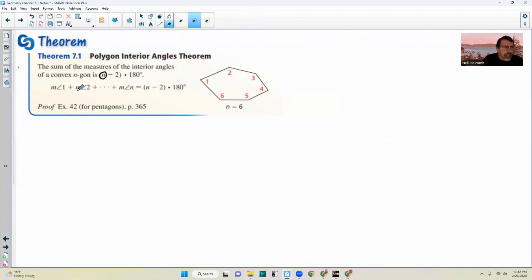It says the measure of angle 1 plus the measure of angle 2 all the way up to the last angle, n number of angles, is n minus 2 times 180, which I just explained. Here is a six-sided figure. 6 minus 2 is 4. 180 times 4 is 720 degrees. So these six angles would add up to 720 degrees, for example. So we're going to use this theorem in the next examples.